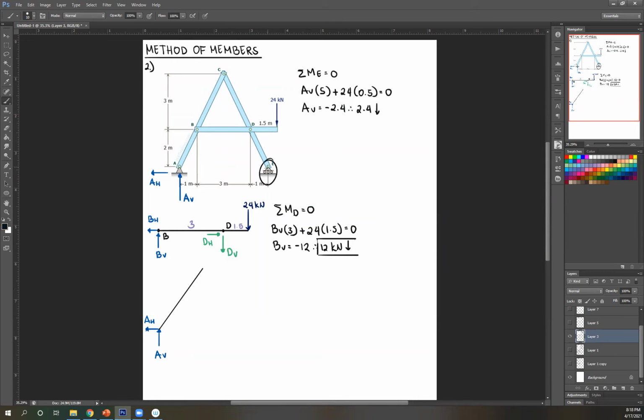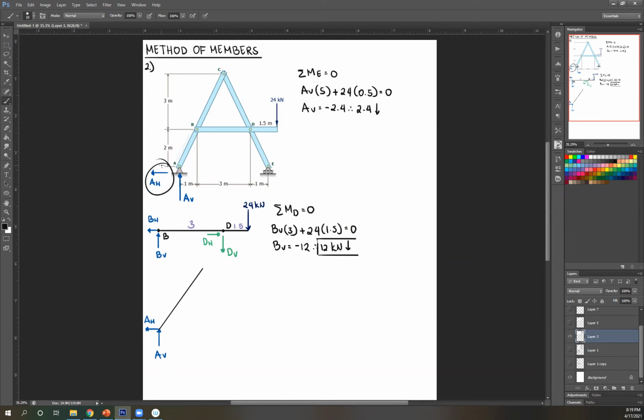Well, we have a roller here, right? Meaning there's no horizontal reaction at a roller. There's no parallel reaction. There's no horizontal reaction at your support here. There's no horizontal external force.